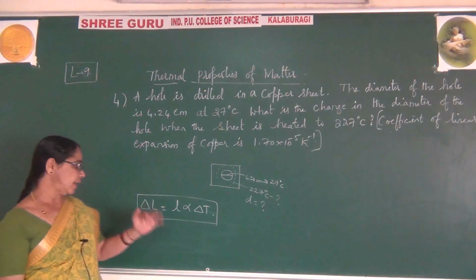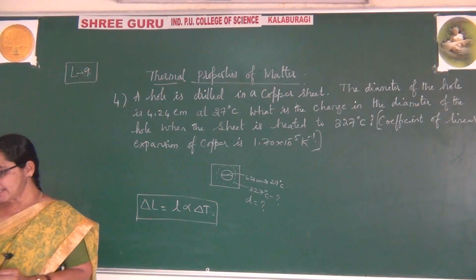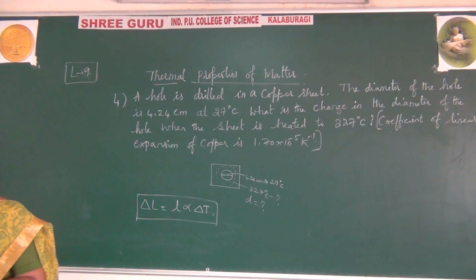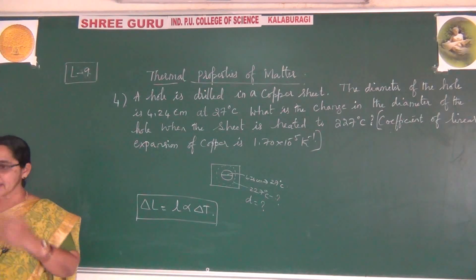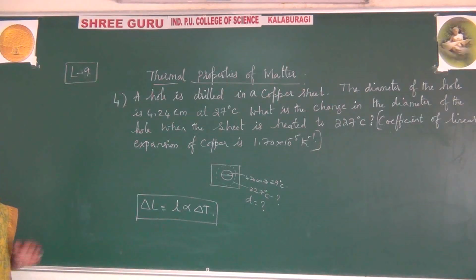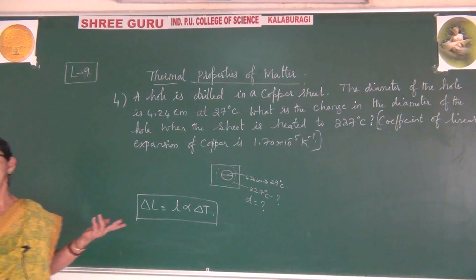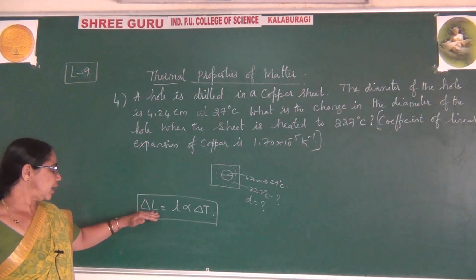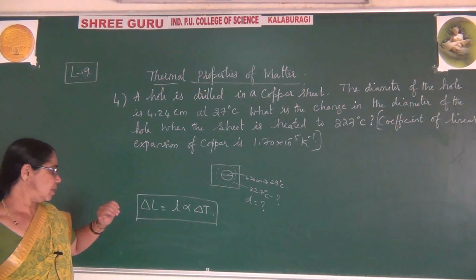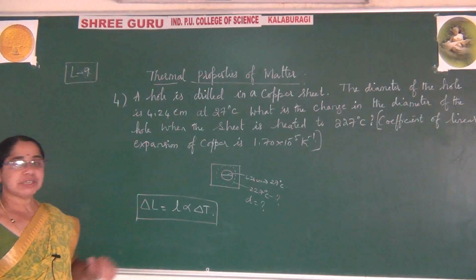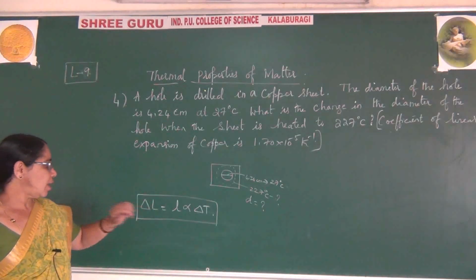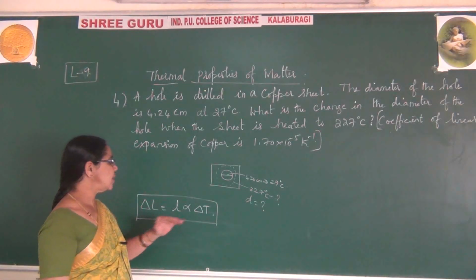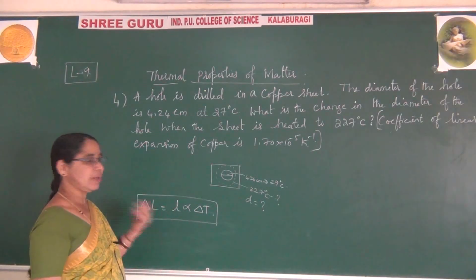Here they are asking for the new diameter, and since diameter is a length, you can represent it by L itself. Alpha is given, length is given, temperature is given. We have to substitute these.